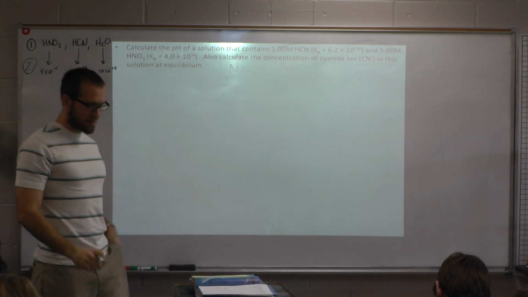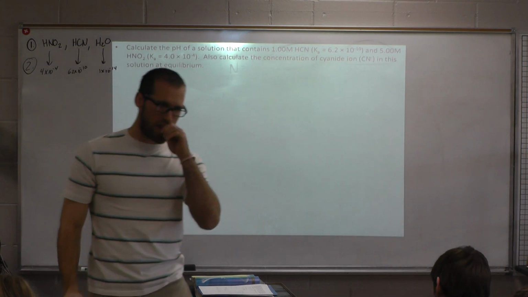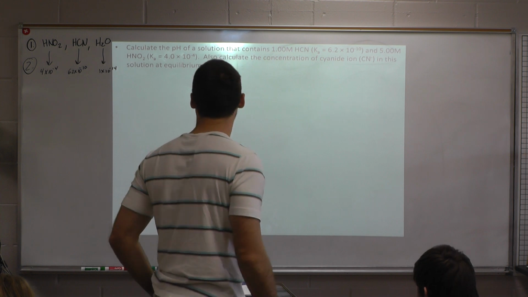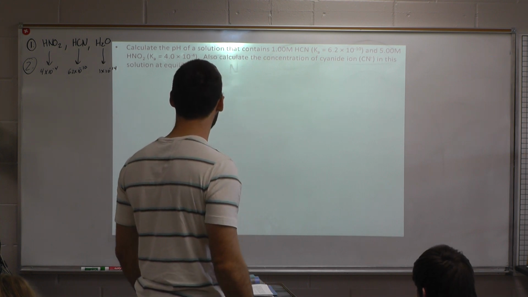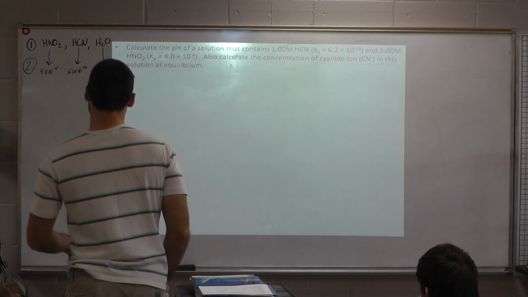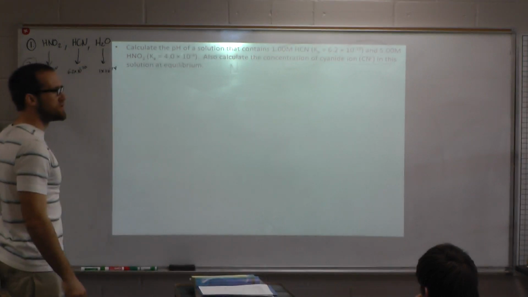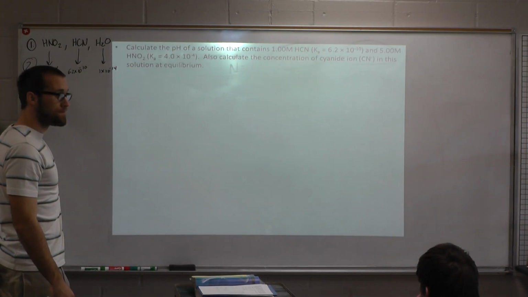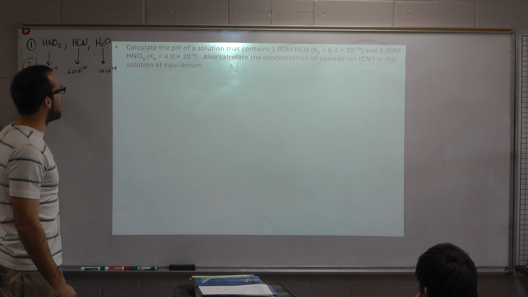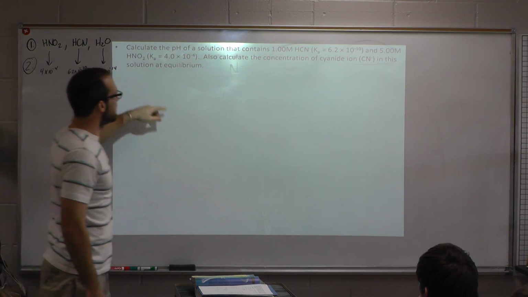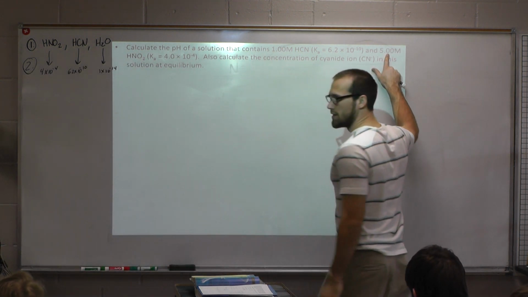So if you look at this, yeah, they're both weak acids, but one is a significantly stronger weak acid. This is on the higher end of strength for a weak acid. On top of that, it's also more concentrated.